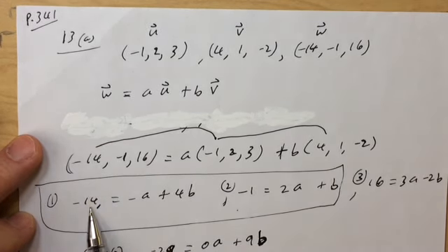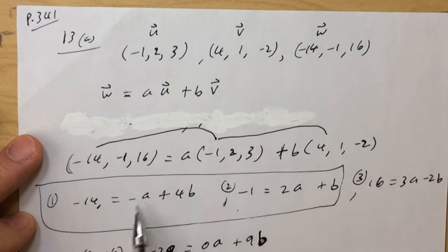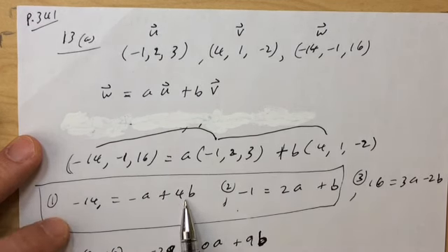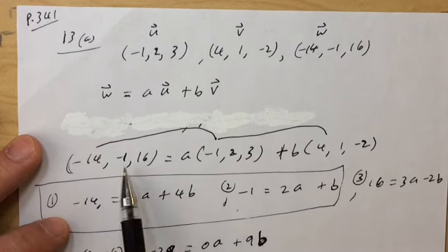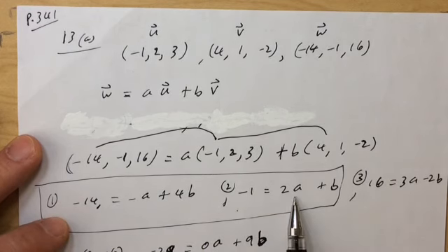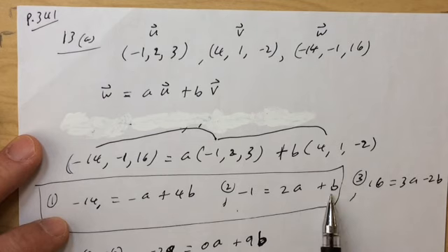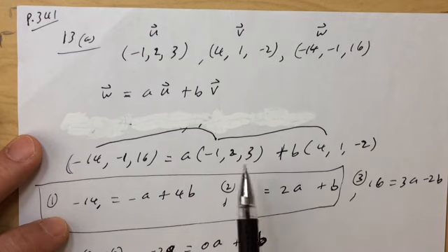So negative 14 equals negative 1A, this is for the x coordinate, plus 4B. So that's all for the x coordinate. For the y coordinate, we get negative 1 equals 2A plus B. And then for the z coordinate, 16 equals 3A minus 2B.